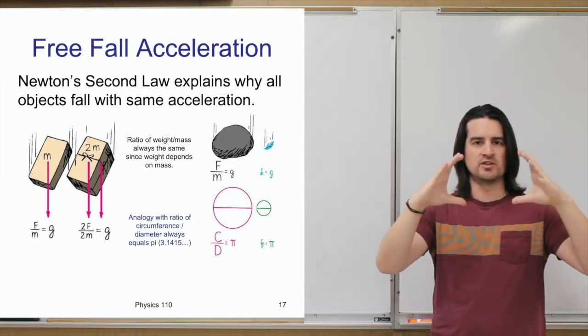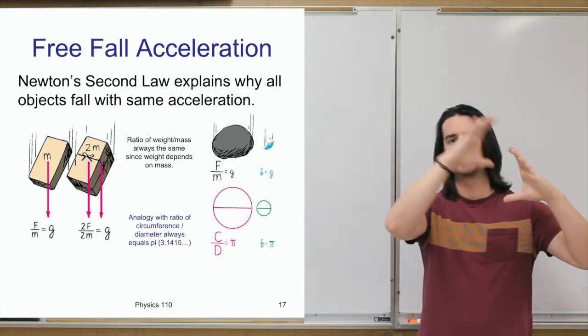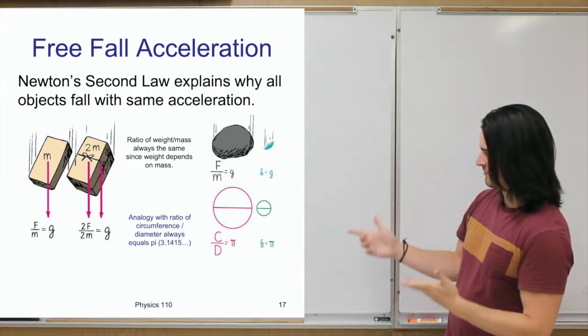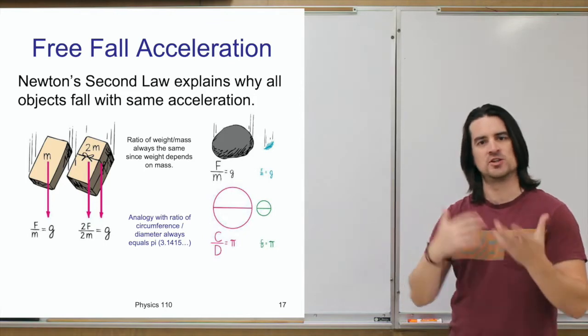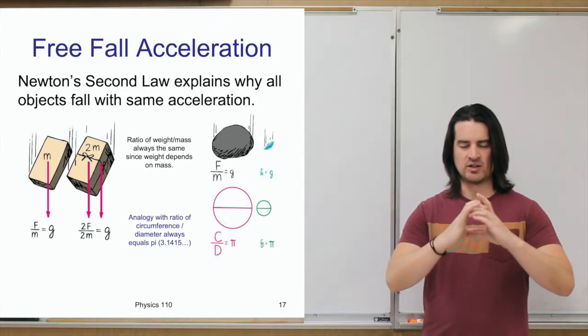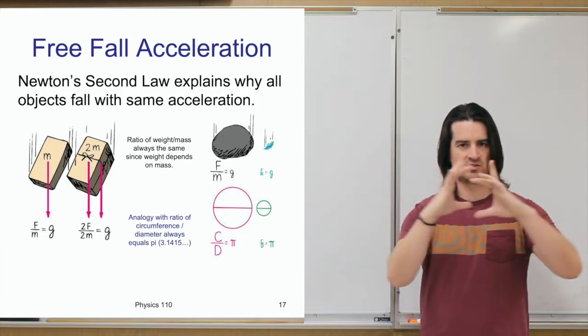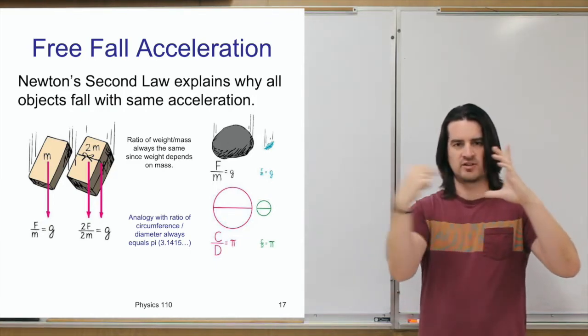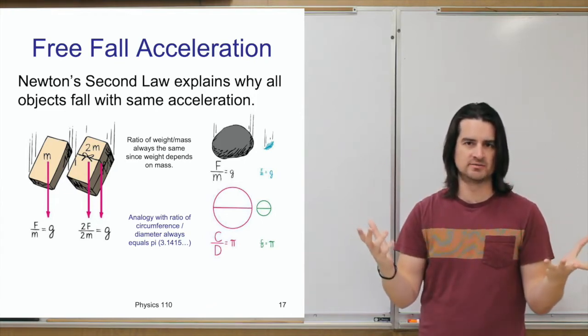So if you double the diameter of a circle, the circumference doubles as well. And the circumference divided by the diameter always equals pi. That's why pi is such a special number. It doesn't matter what size circle you have, as long as it's a perfect circle, you measure the circumference, you measure the diameter, you divide them, you get pi.